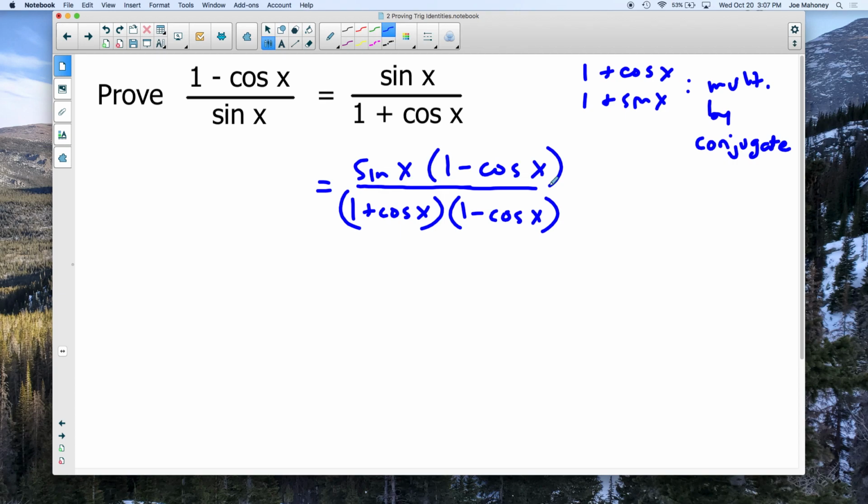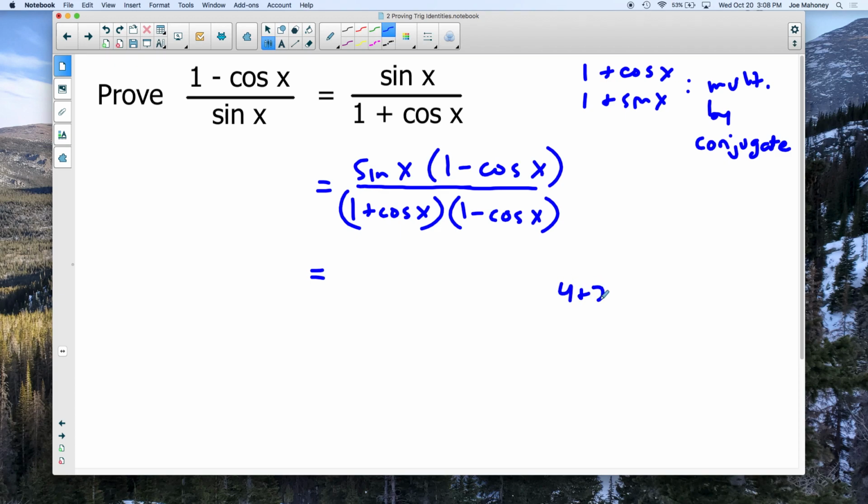Now, some good things are going to happen. I'm not going to worry too much about the top. But the reason you like conjugates so much is because when you multiply them together, certain terms cancel out. I'm going to go back to that thing with the complex numbers before.